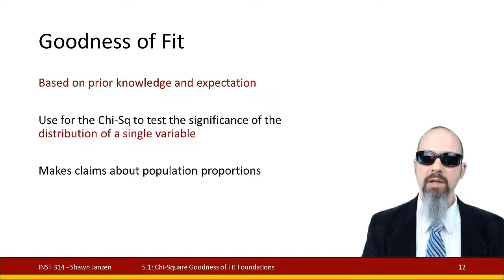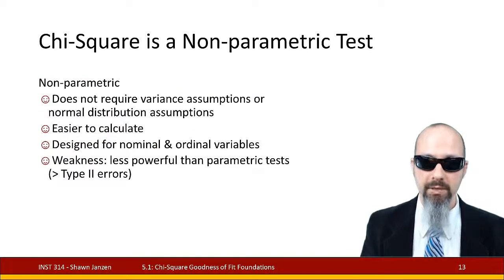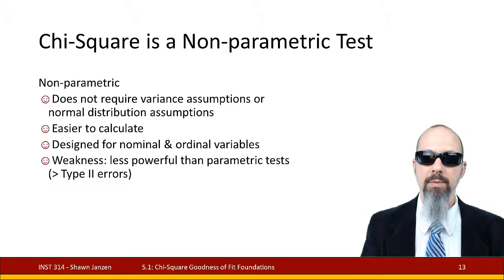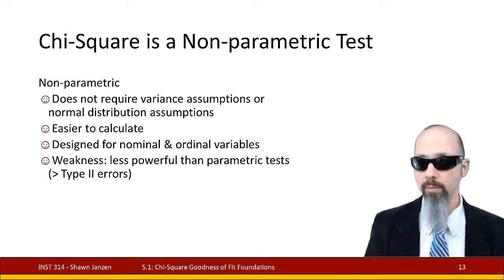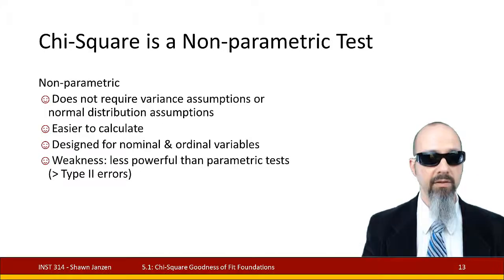So the chi-square in general is what we call a non-parametric test. And by non-parametric, I mean we're not going to require assumptions about its variance or its normality. Variance is something that only numerical values have, meaning you can take a mean, standard deviation, and variance.